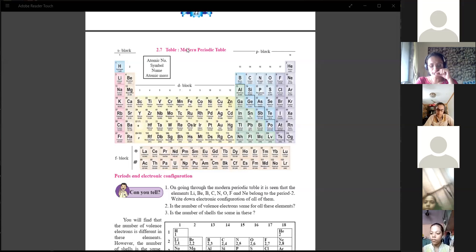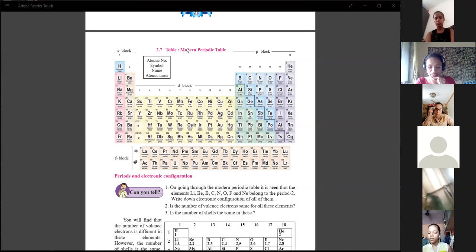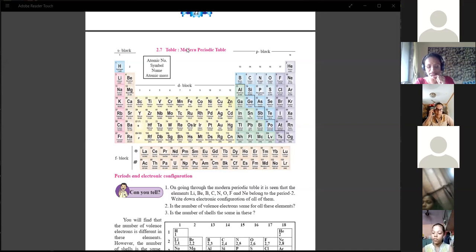Fifth: What is the periodic trend observed in the variation of atomic radius while going from left to right within a period? When you go from left to right, what trend do you observe?